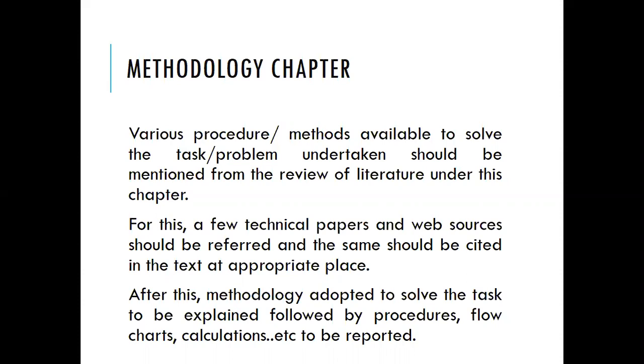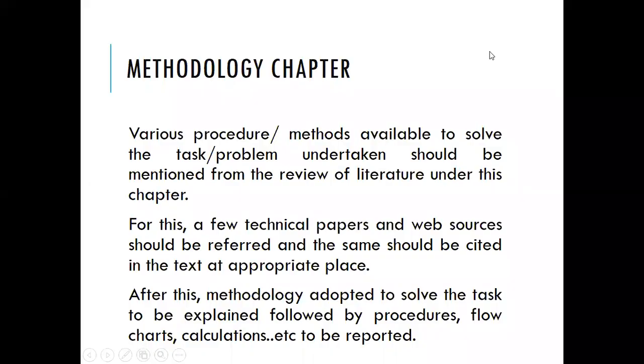Some projects would need secondary as well as primary information, and here the best way is you go ahead and make a mention of both, and what it is that you have referred to. You need to make a communication in this particular chapter.